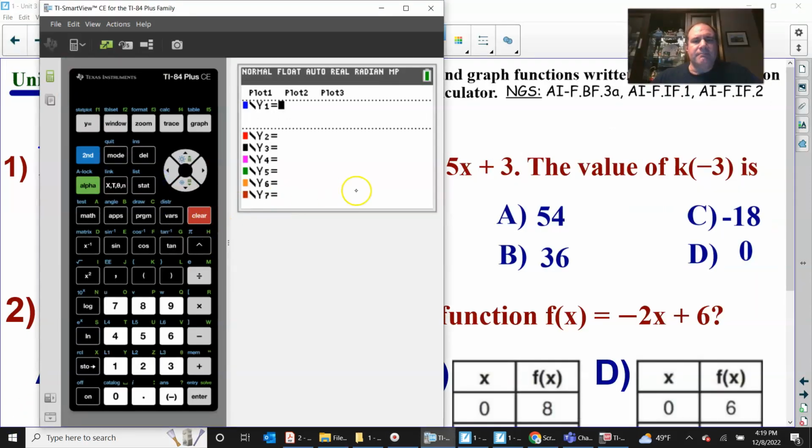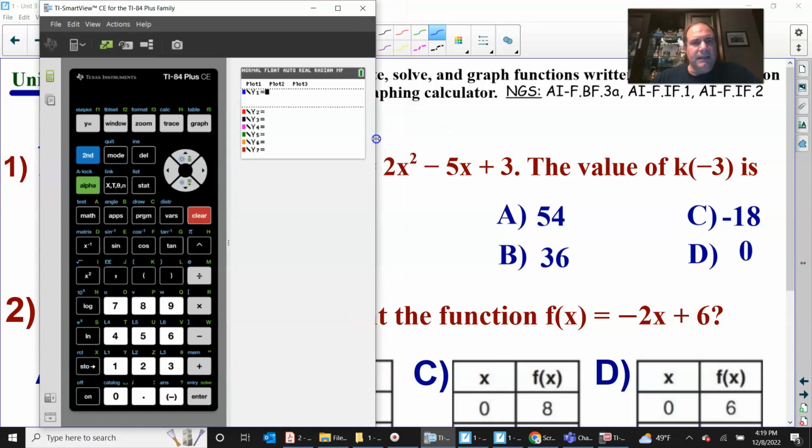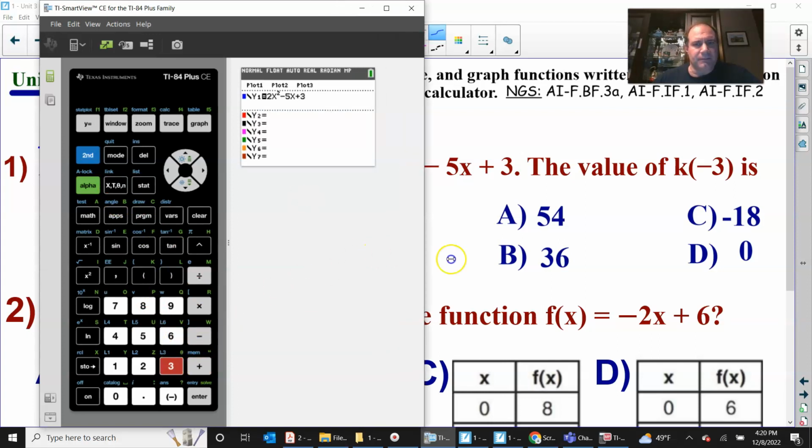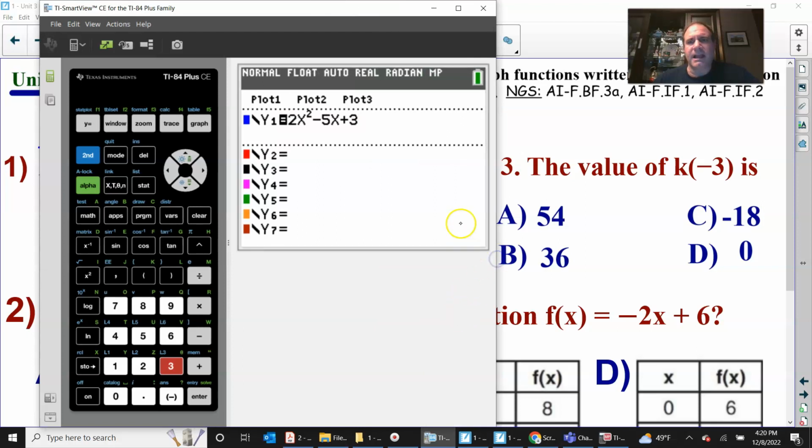I'm going to clear out that mess that I had before. I'm just going to move this over. And I'm going to have 2x squared. So it's y equals 2x squared minus 5x plus 3.